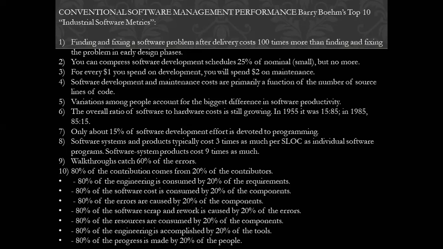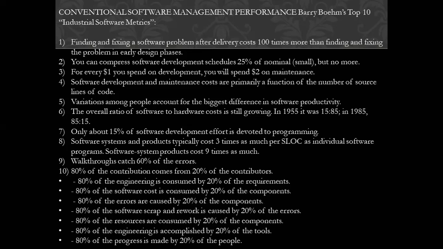I don't think a question can come up, because with time these metrics and statistics have obviously changed. So just some of the things you should know: the investment of money in software was very small in 1955.